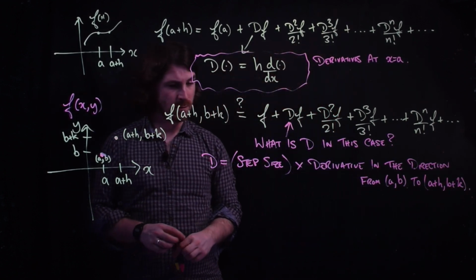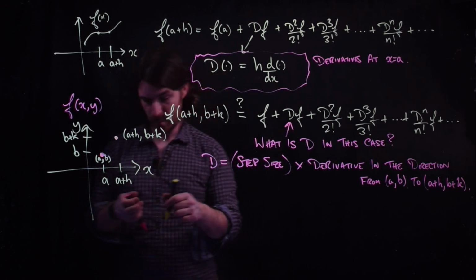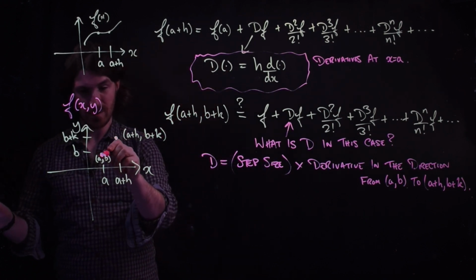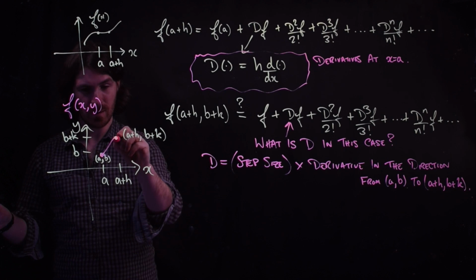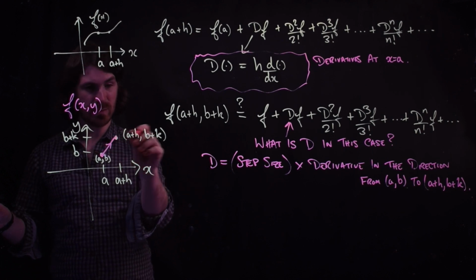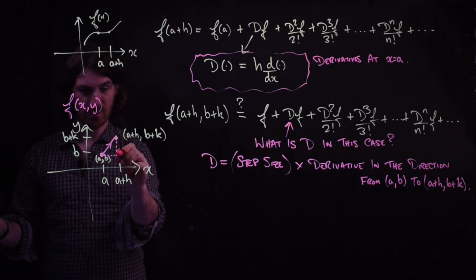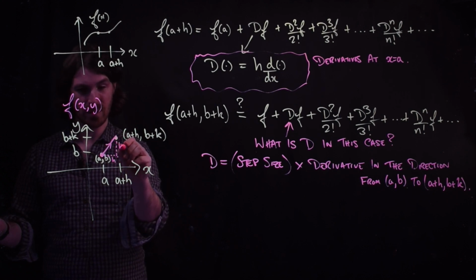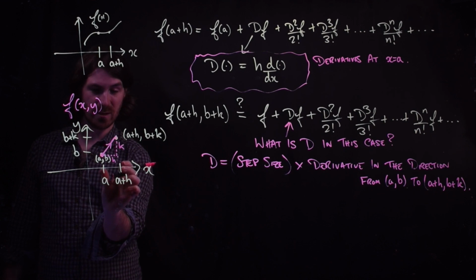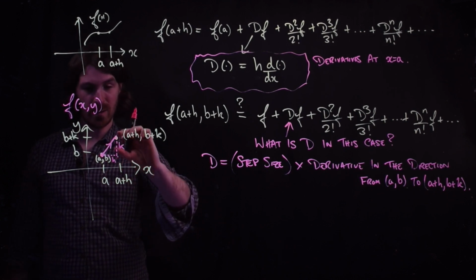So what is the step size? Well, if we move from a, b to a plus h, b plus k, then the length of this is just the hypotenuse of the triangle with sides h and k. So we're changing x by h, we're changing y by k.